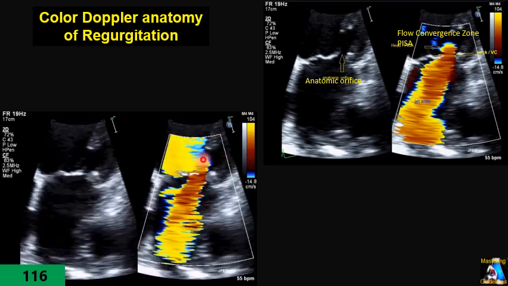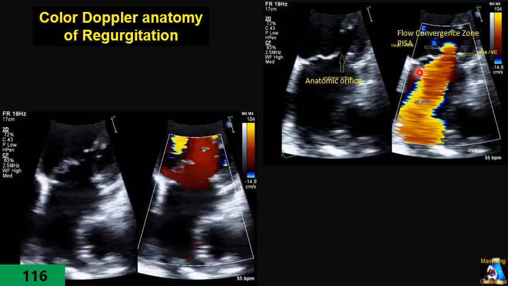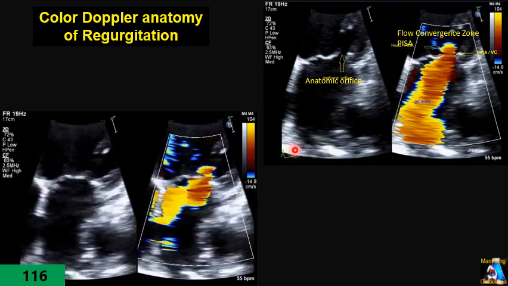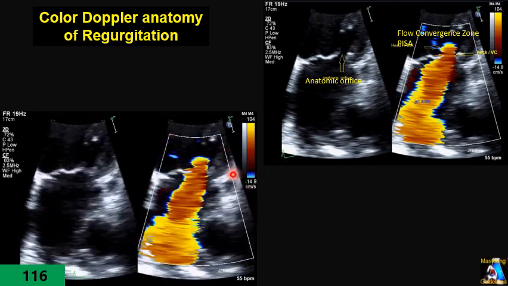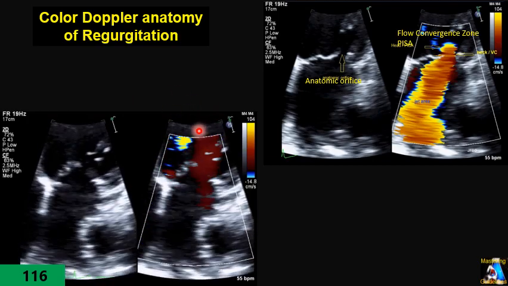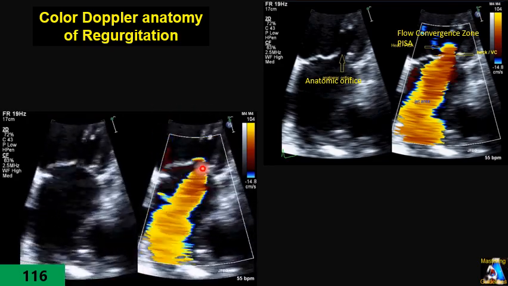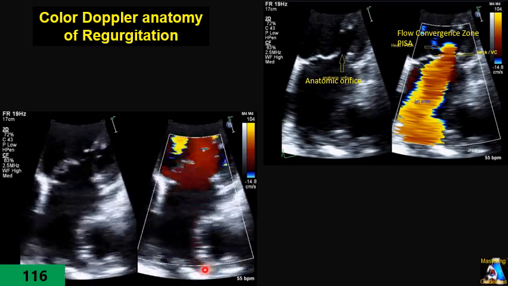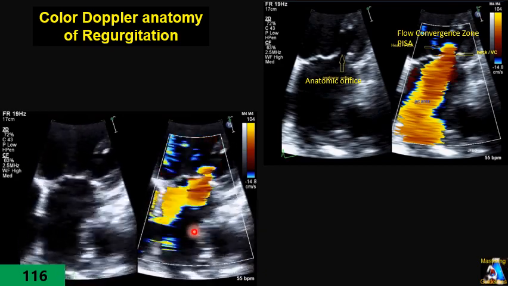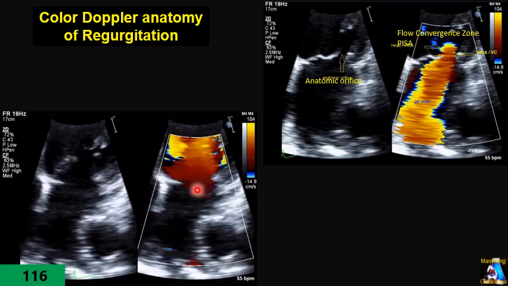The size of that, which we call the head of the jet or flow convergence zone or PISA, which stands for proximal isovelocity area, depends on the force of the left ventricle, the amount of blood, the size of the orifice, the compliance and pressure of the left atrium, and the length of the coaptation.